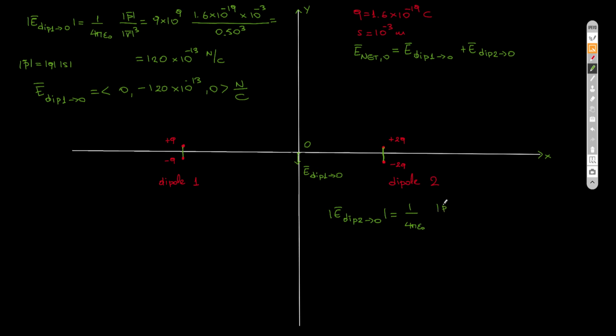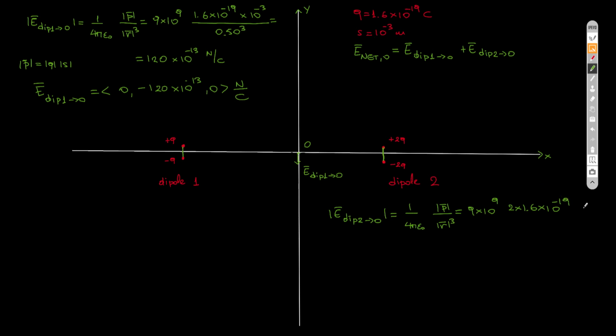The magnitude of P. And now the numbers are 9 times 10 to the 9. Here I have dipole 2, and dipole 2 has 2q and minus 2q. So I will have 2 times 1.6 times 10 to the minus 19.